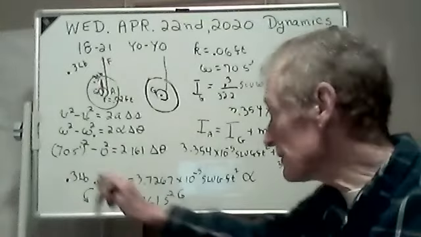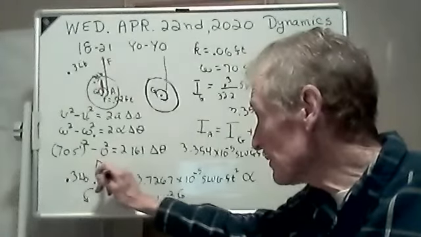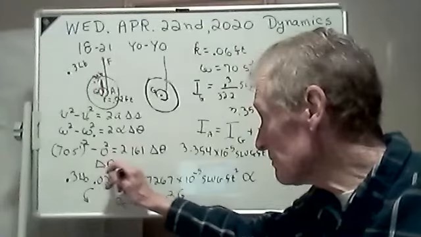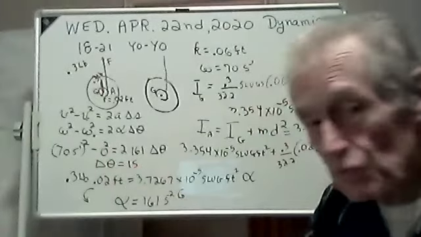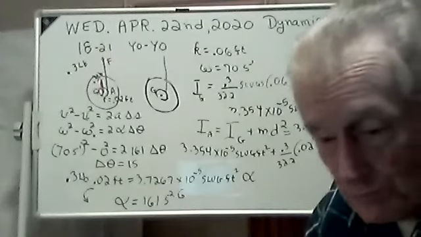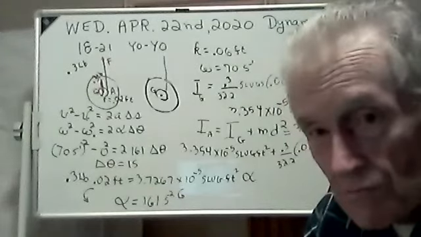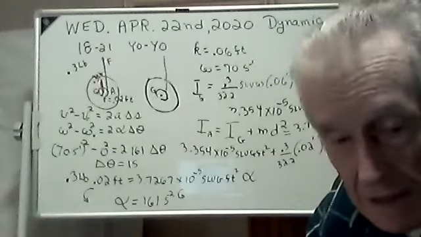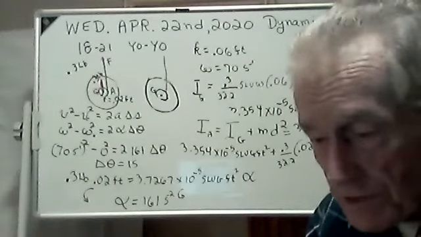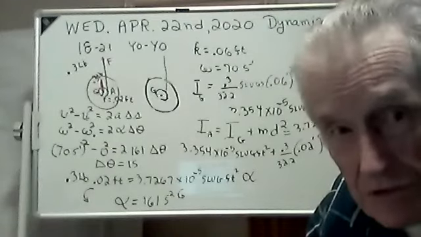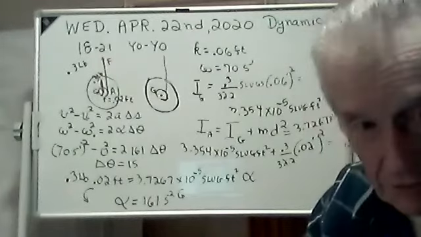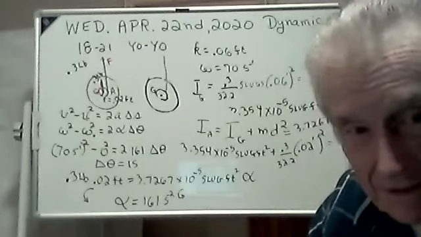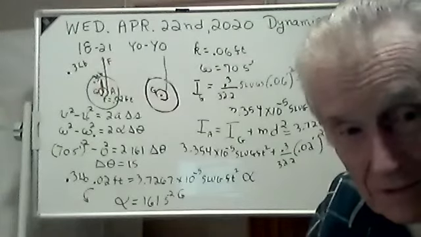Well, I can't help it. This is what I'm getting. I'm getting a change in angle of 15. Now that's 15 radians. 15 radians. I don't know who's making all that noise. Sam, mute your thing. Maybe you're making all that noise. Sam, okay. Mute. Hey, I think all that noise stopped.